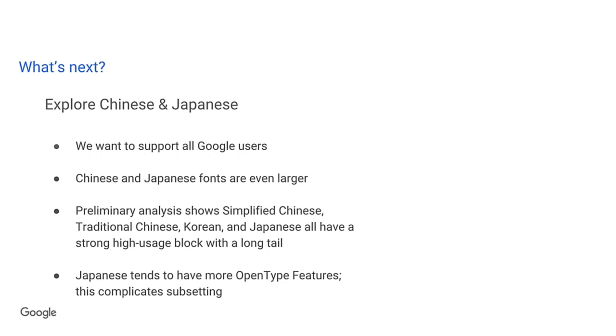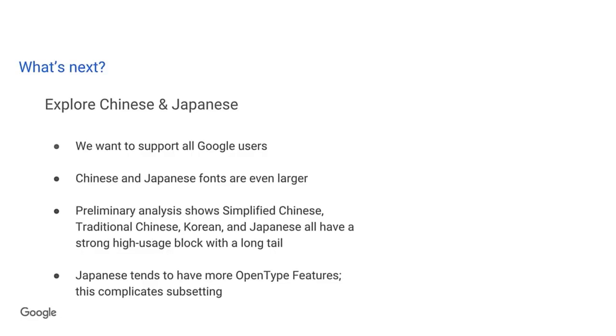But for simplified Chinese, traditional Chinese, Korean, and Japanese, we're seeing for all of them a really strong high usage block of quite a lot of characters, but relatively few, and then just a long tail that's used occasionally. So if we can find a model where most pages download a couple of segments of very frequently used characters, and maybe 1 or 2 of the rarely used ones, they're still not downloading 90% of the font.